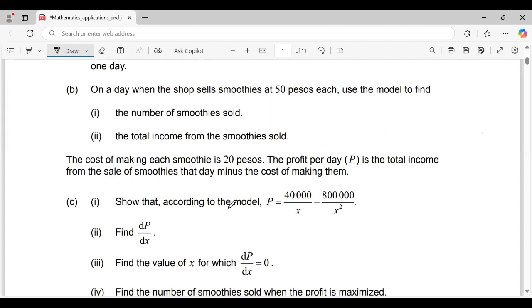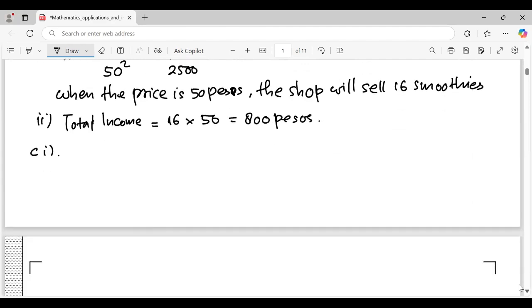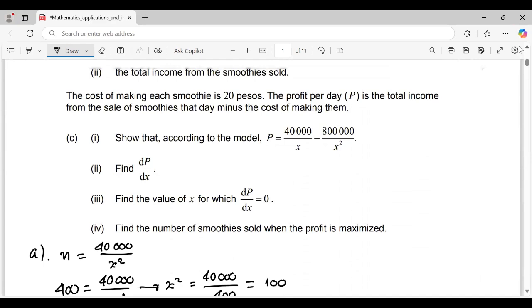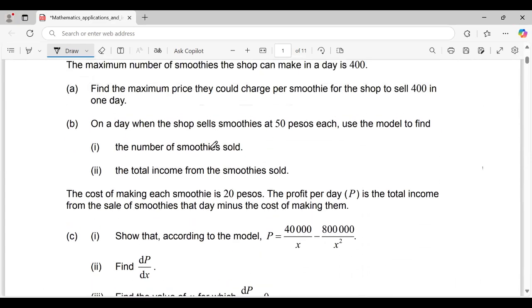So according to the model, P equals 40,000 over x minus 800,000 divided by x squared. Sorry, that one is C. The number of smoothies is right.